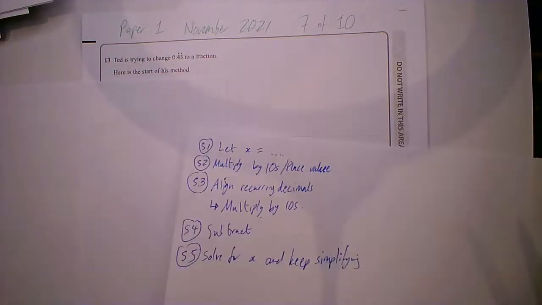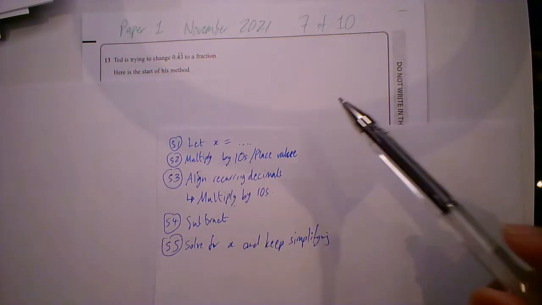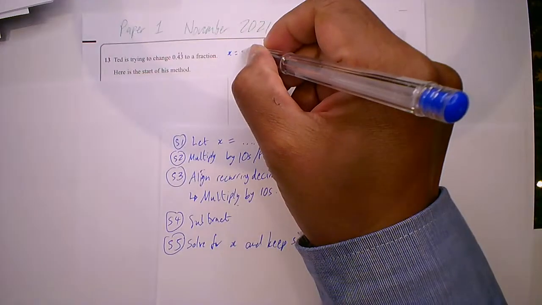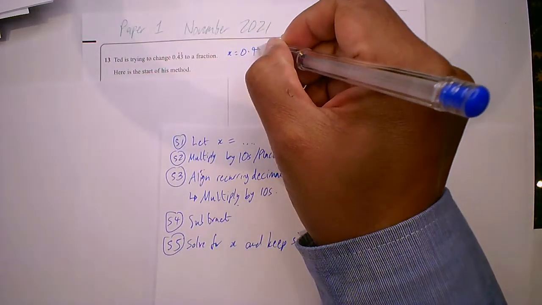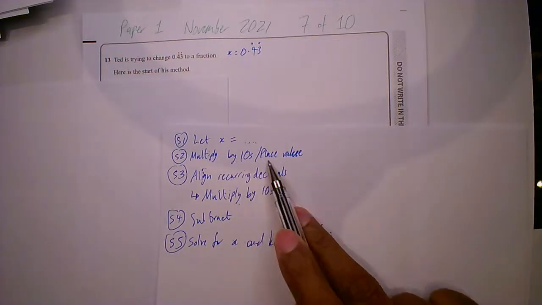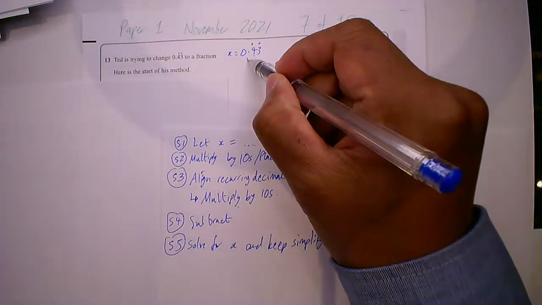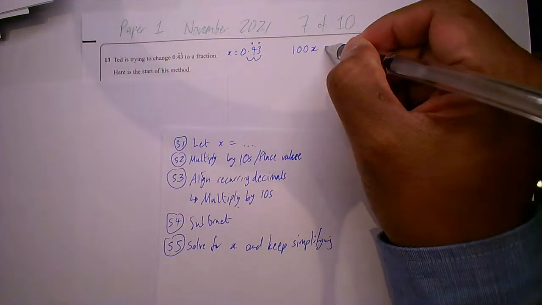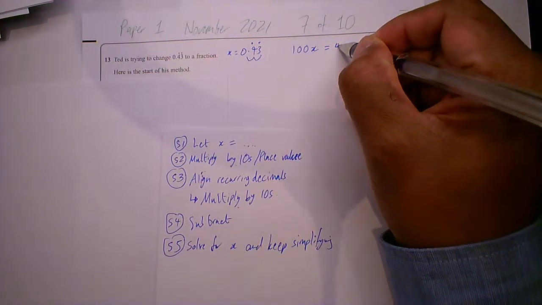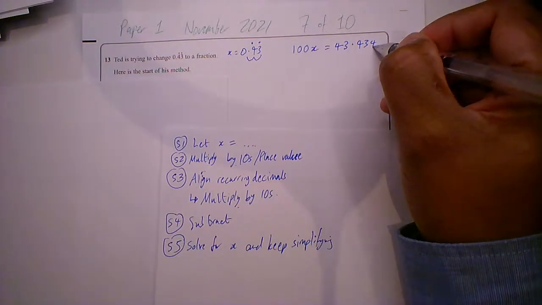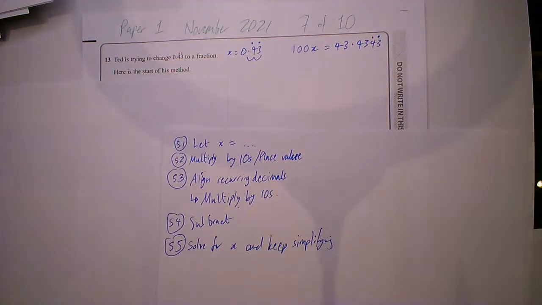We're going to call it x equals 0.43 recurring, and then multiply by our tens. How many place values do I have? I've got 2 place values, so 100x equals 43.4343.